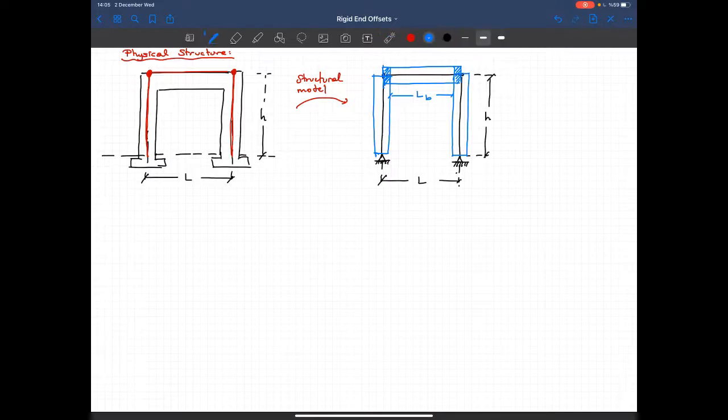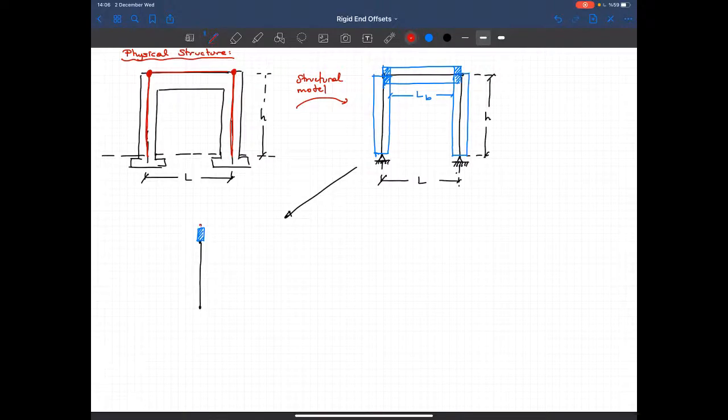So one approach is to generate a model like that. So I have a column, then I have a rigid member. So I'm just modeling the column in two parts.